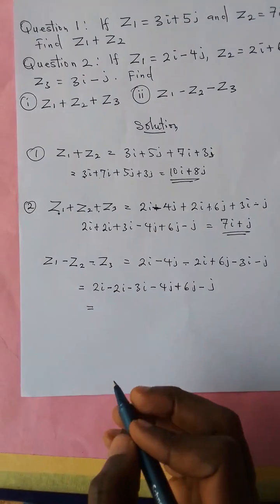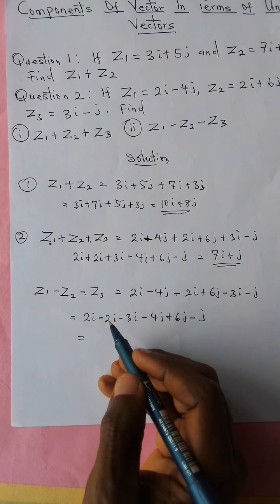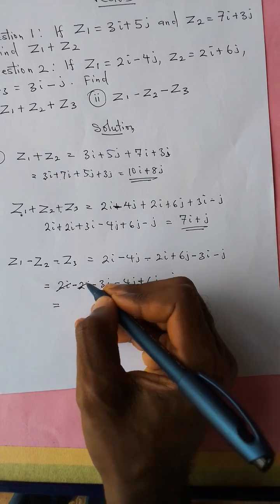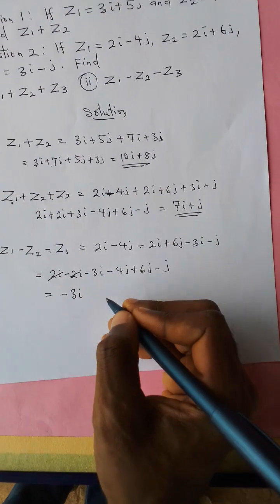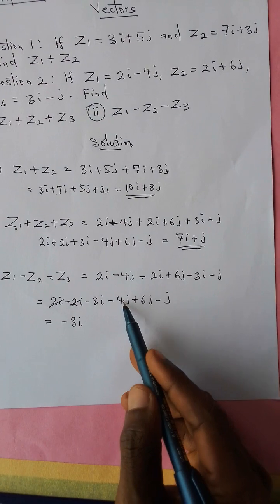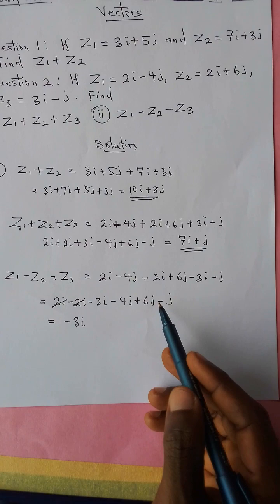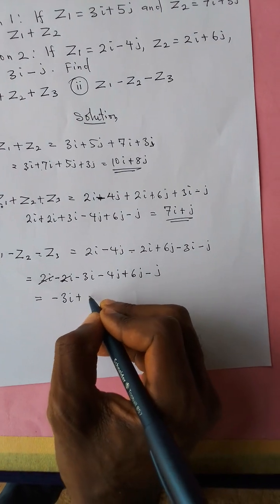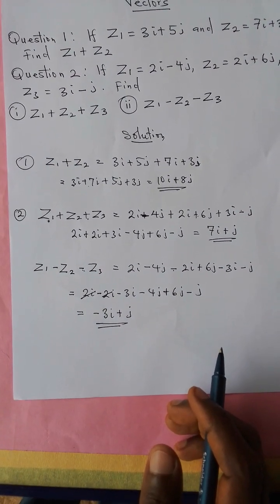So now let's see what we are going to have as our answer here. Now 2i minus 2i, that will cancel out. So we are left with negative 3i. Then go over to j. Minus 4j plus 6j, that will give us plus 2j. Now plus 2j minus j, that will be plus j. So our answer there is negative 3i plus j.